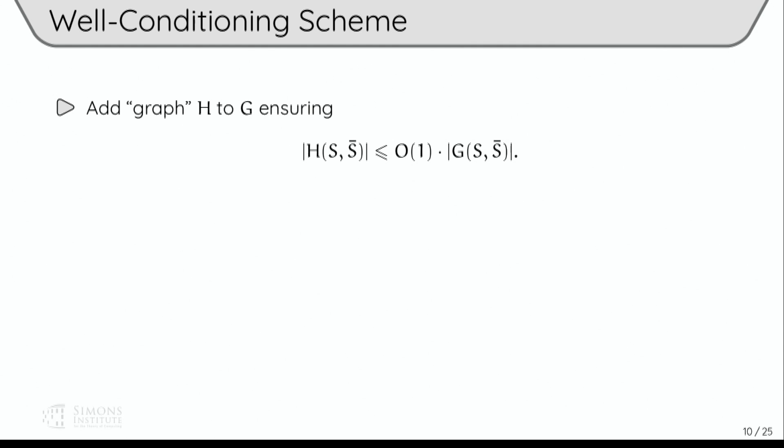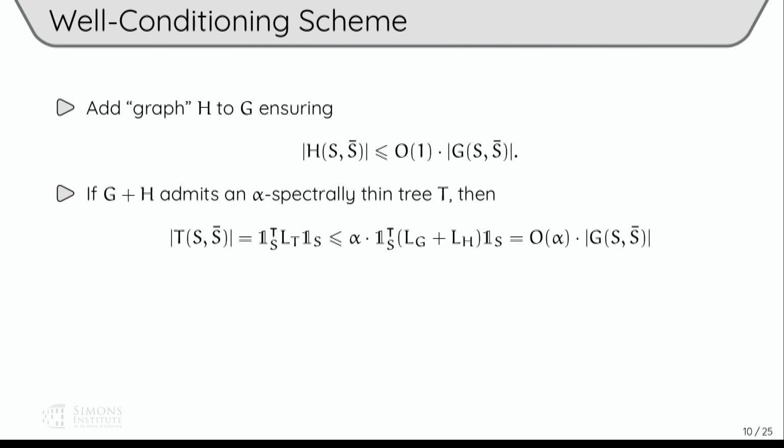And you make sure that the graph that you add is not too crazy. You're not blowing up the sizes of the cuts. So in every cut, you want the graph H to be at most doubling, let's say, the number of edges. But let's say that after doing this, your graph becomes spectrally well conditioned, meaning that the effective resistances are now bounded by some alpha.